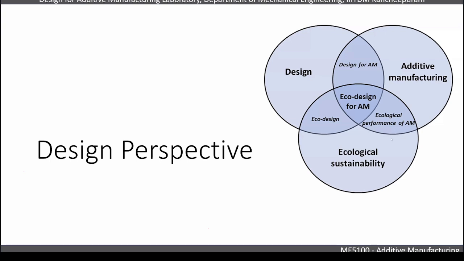If you combine ecological sustainability and additive manufacturing, we can look at the process emissions and understand ecological performance. Combining design for AM with these considerations is called eco design for AM, where you also consider these constraints.